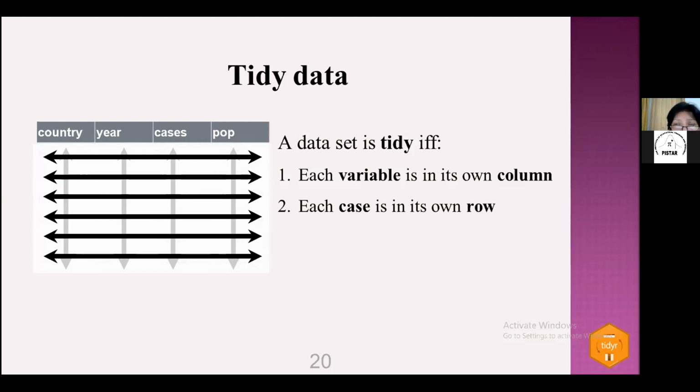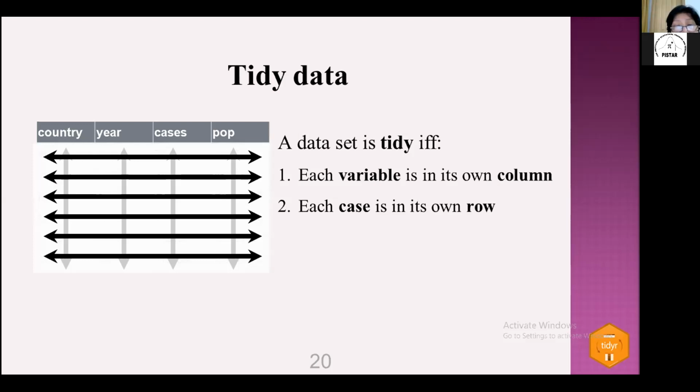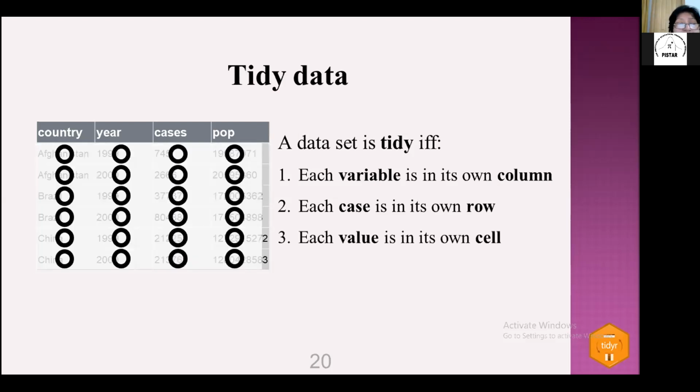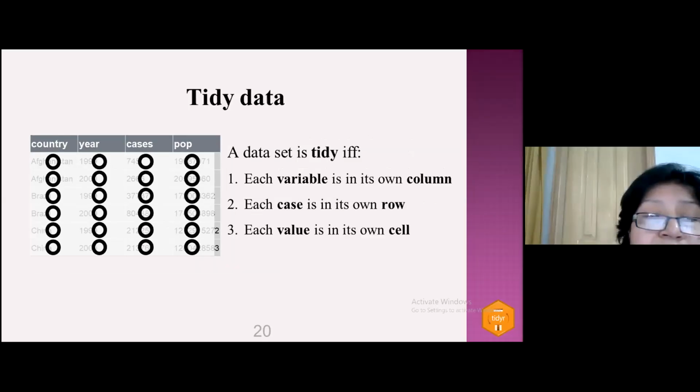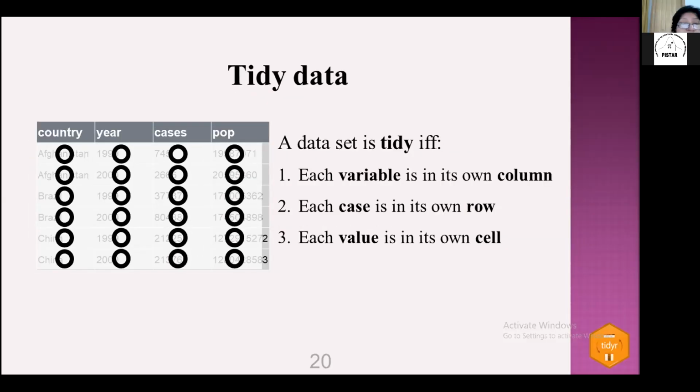The observations taken on any particular individual is a separate case. So here the word case is a technical term in this manner. Going back to my point, tidiness is defined like this: each variable occurs in a column and each case occurs in a row and each value is in its own cell, which naturally it will be if it is like this.